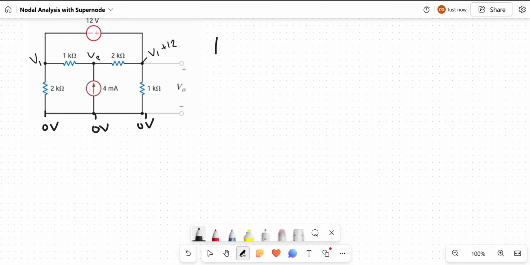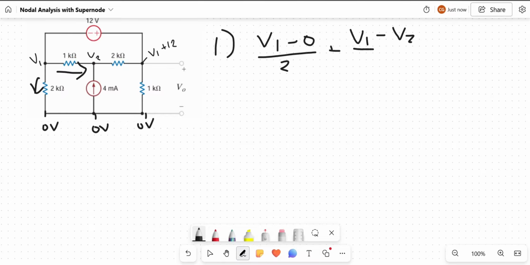Starting off with our first equation for V1, I will say that V1 minus 0 volts over 2 is the current for the 2 kiloohm resistor. Next, going from V1 to V2 for the 1 kiloohm resistor, it will be plus V1 minus V2 over 1. But the only difference here is we cannot forget this node, and because it has a V1 value, we need to include that in our equation.